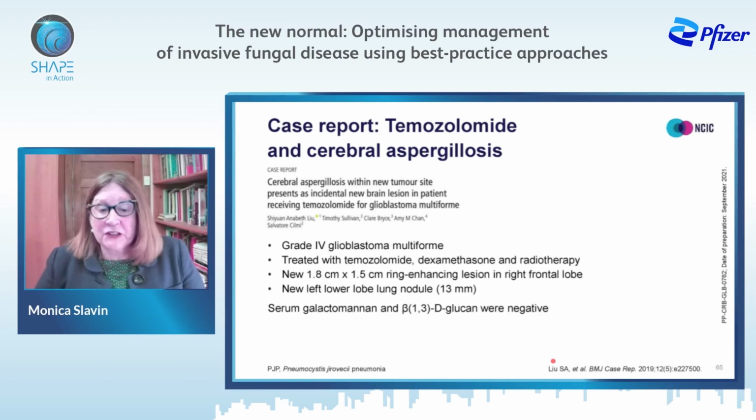This patient developed a brain lesion and a lung nodule. And interestingly, the galactomannan in serum and the beta-glucan were negative in this case. It was not reported whether CSF was examined with these tests.